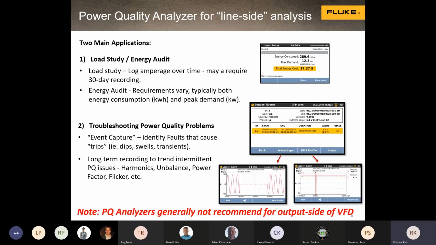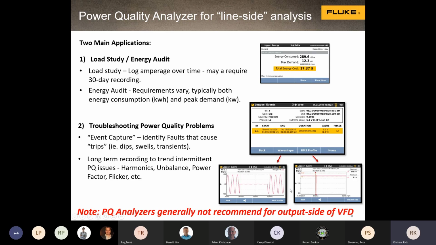I think I jumped over something. Let me go back to the PowerLoggers. Power quality analyzers, just the PowerLoggers in general, we do not recommend using these on the output side of a VFD. There's kind of one exception to that, but generally the PowerLoggers understand a three-phase or single-phase or split-phase power network.